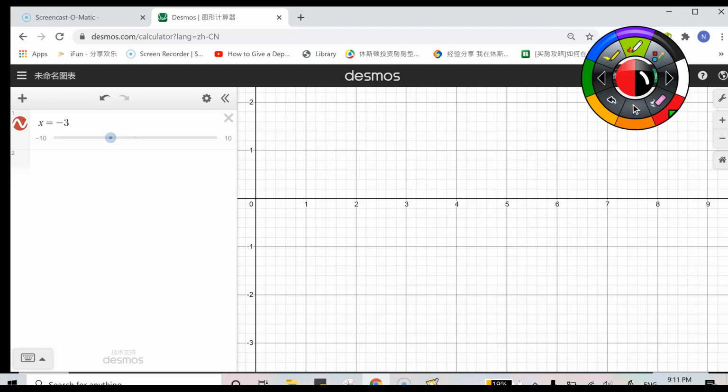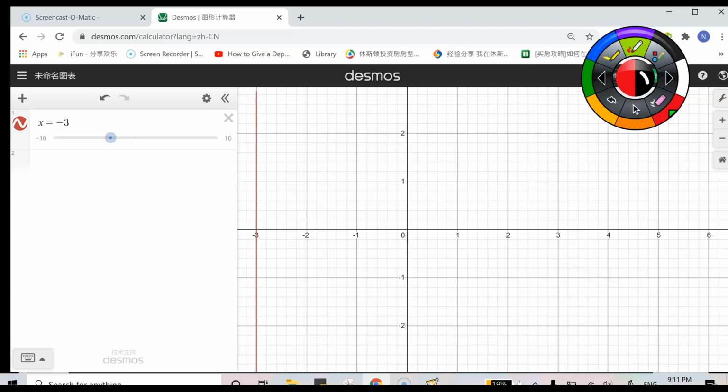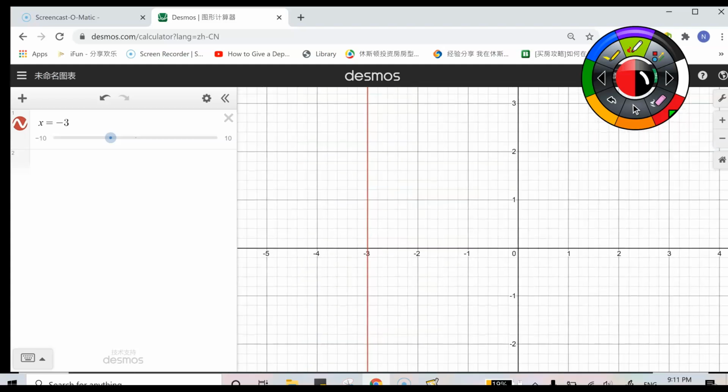So let's make the scale into 1. Okay? So here is the x-axis, okay? And the -3 is here. So we have a vertical line, which is what we just did on the graph, right? And then let's put in the second inequality. Let me see what it is.